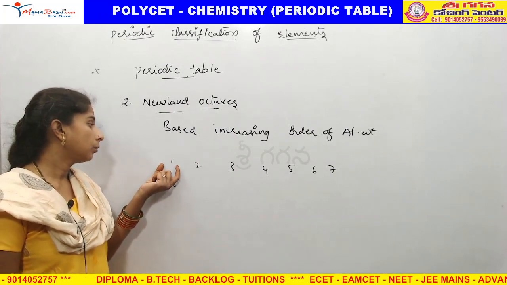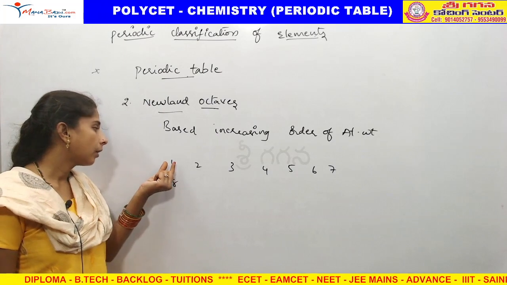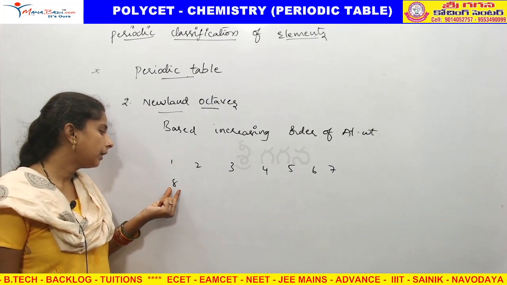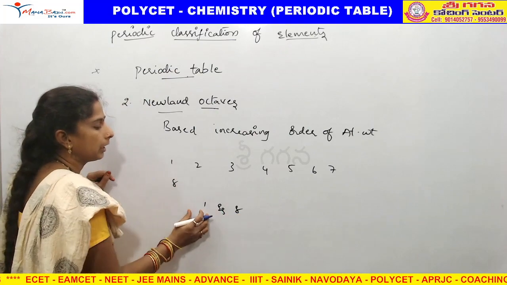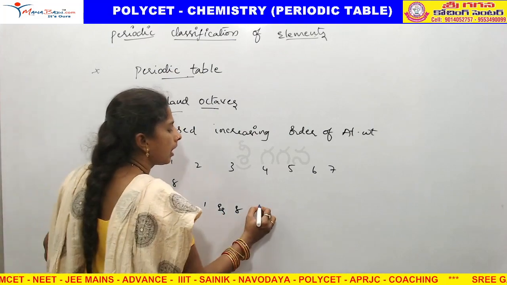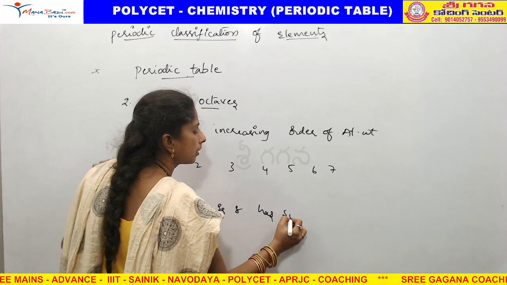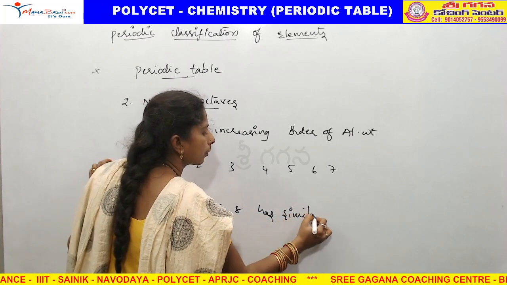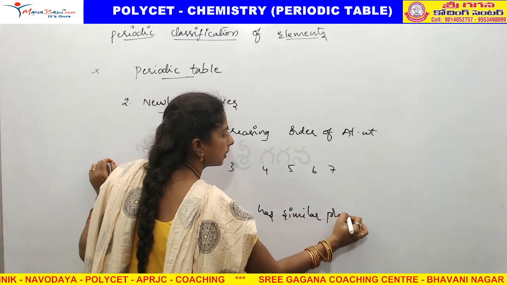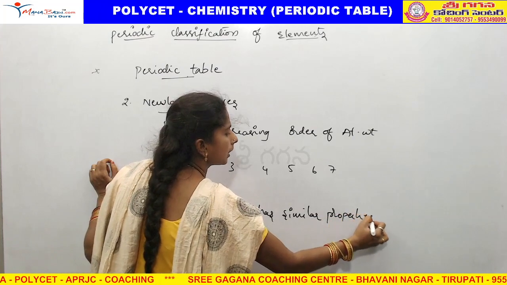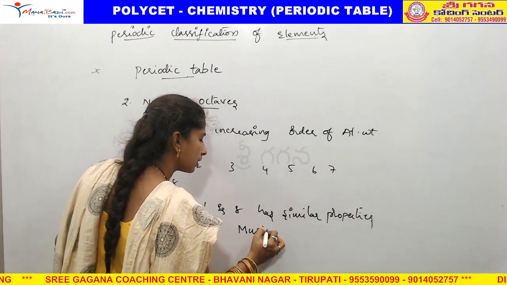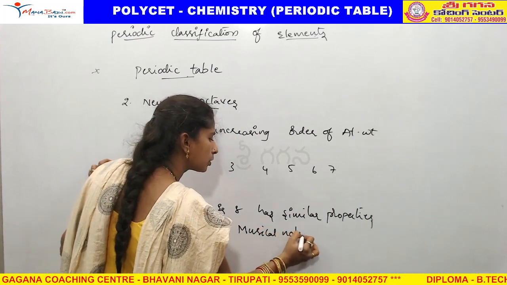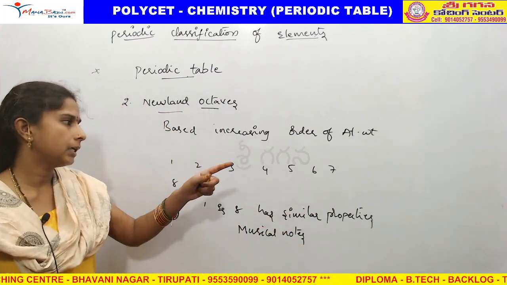His rule is that the first element and the 8th element, every 8th element, has similar properties, like musical notes. Musical notes means sa, re, ga, ma, pa, da, ni, sa.